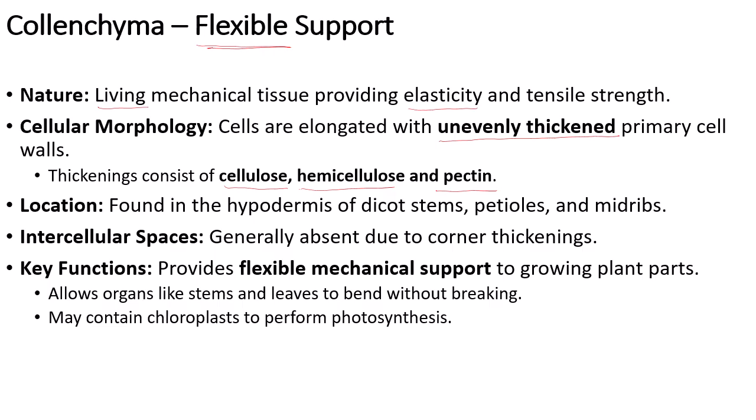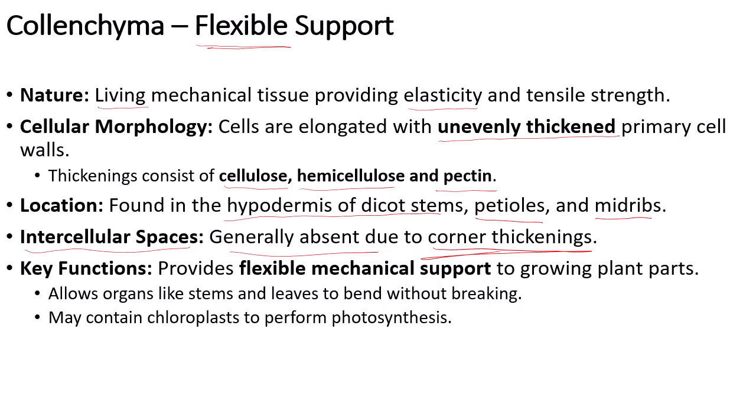The location of collenchyma is the hypodermis of dicot stems, petioles, and midribs of the leaves. Intercellular spaces are generally absent, and there are wall thickenings at the corner. The main function of a collenchyma is to give flexibility and support.